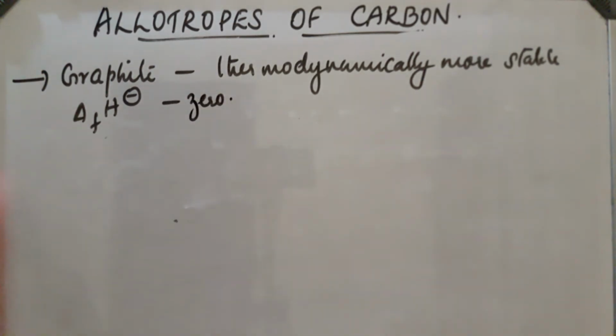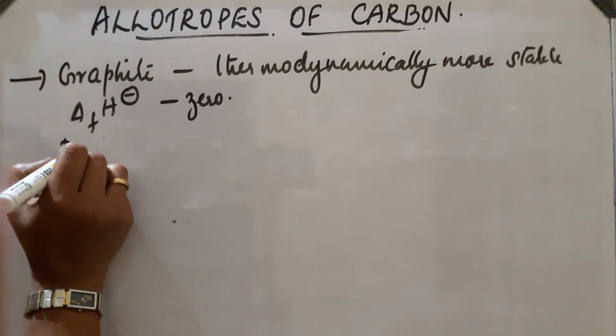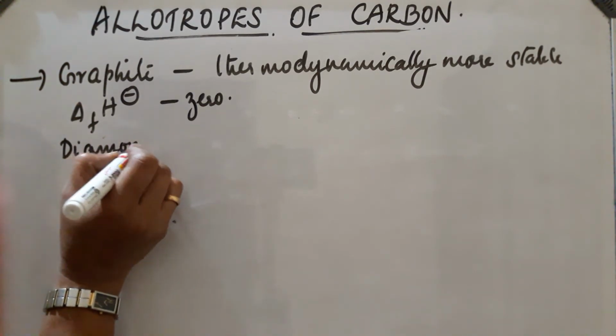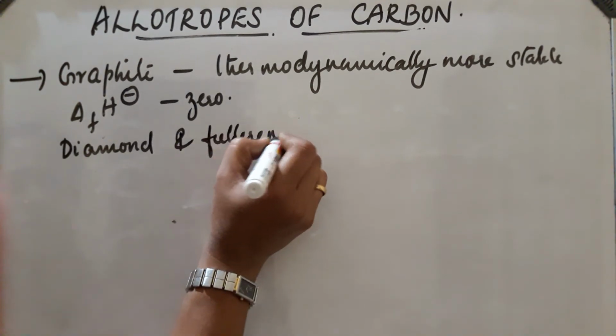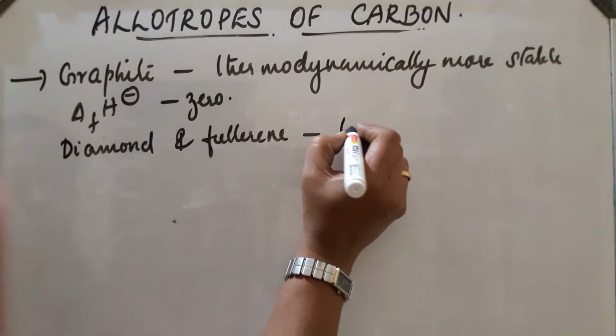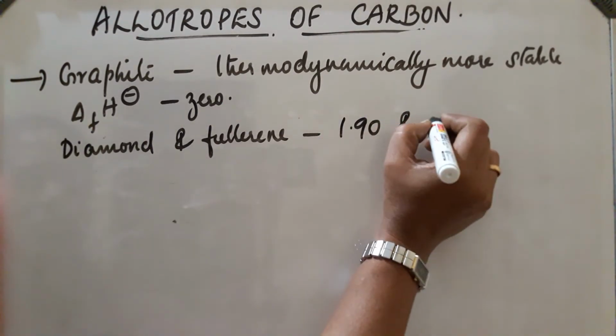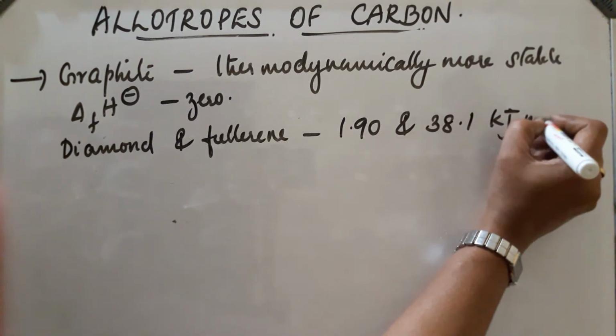And in the case of diamond and fullerene, the enthalpy of formation, delta H, is found to be 1.90 and 38.1 kilojoule per mole.